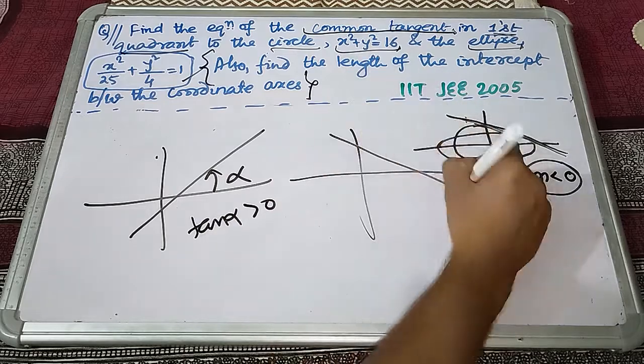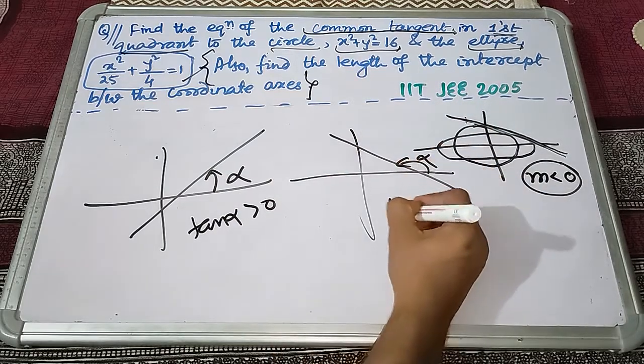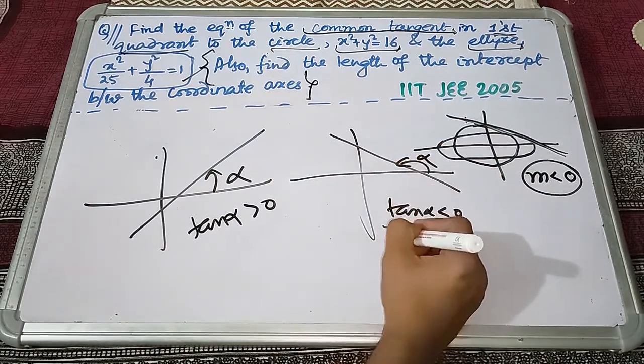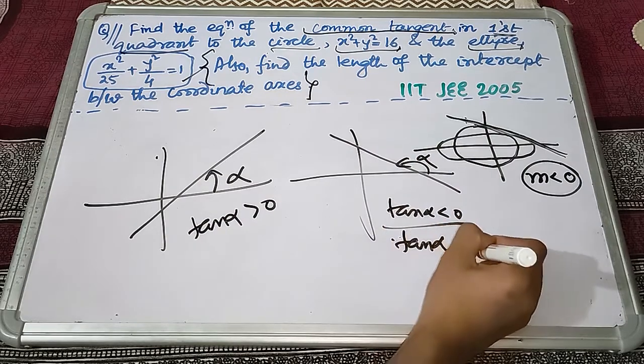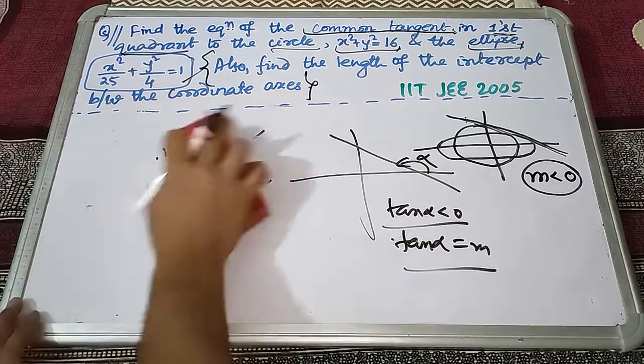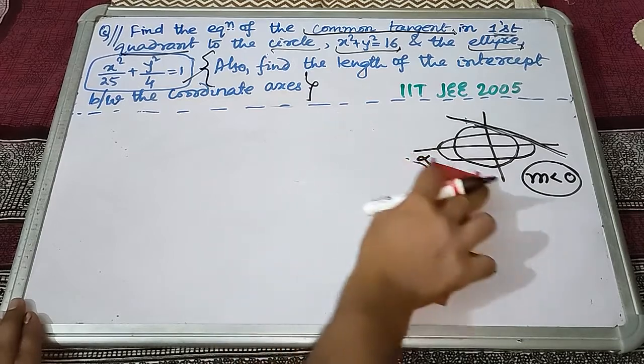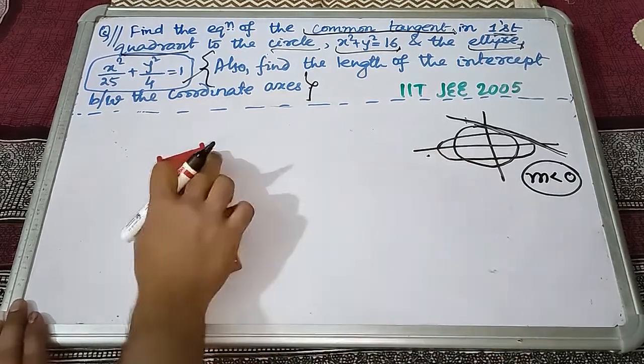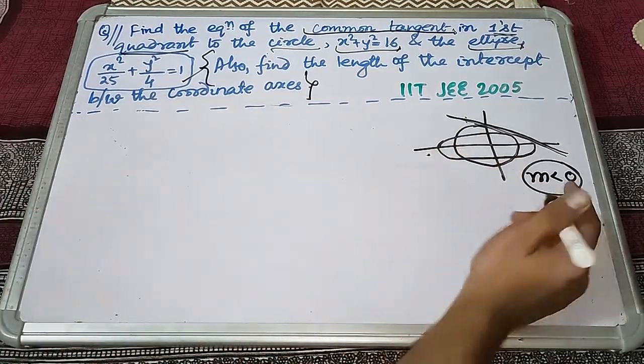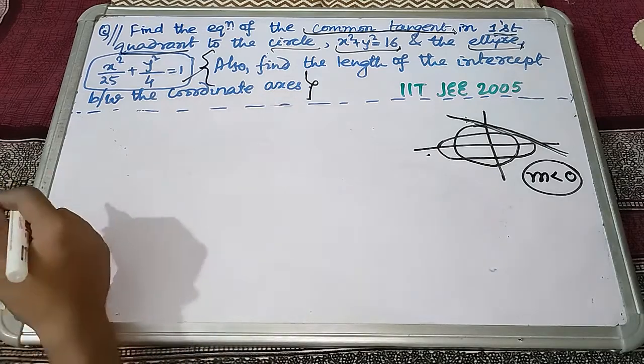But if your line is like this and this is your alpha, tan alpha will be negative, and tan alpha equals m. Therefore from this diagram we can see that the equation of the tangent which we will get will have a negative slope. First point we got.